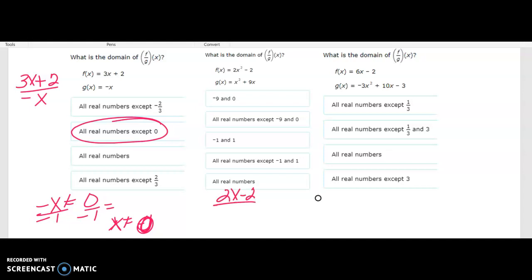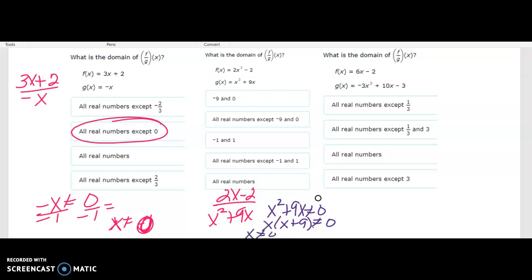2x minus 2 over x squared plus 9x. Okay, this is when unit J comes back into play, and K. So we cannot allow the bottom to equal 0. So if I take an x out, I'm left with x times x plus 9 cannot equal 0.